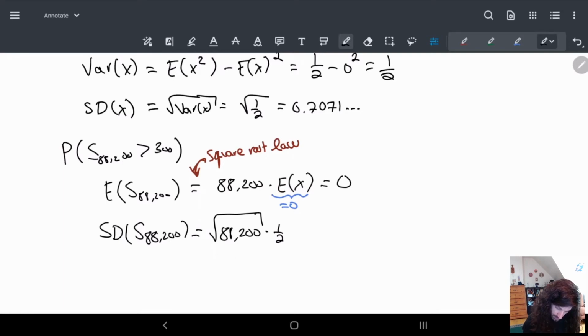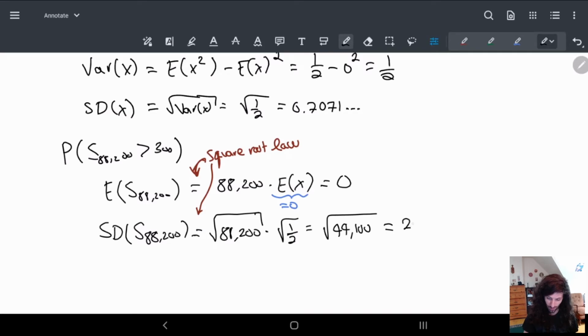So this is, again, the square root law, times the square root of 1/2. And this, we'll see, is just 44,100. And this is why I chose 88,200, because when we do this, we get 210. So a nice round number. So 210.